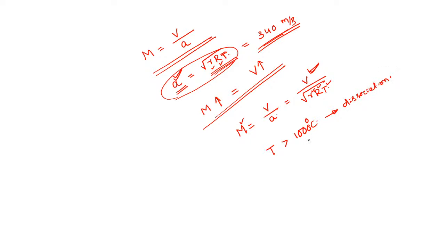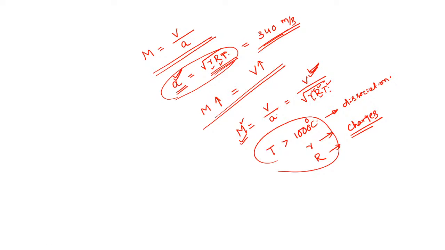Due to this, gamma changes and R also changes. So when they change due to this temperature, effectively all the parameters in the denominator of this expression change. As a result, the Mach number also changes, and side by side the velocity also can change.